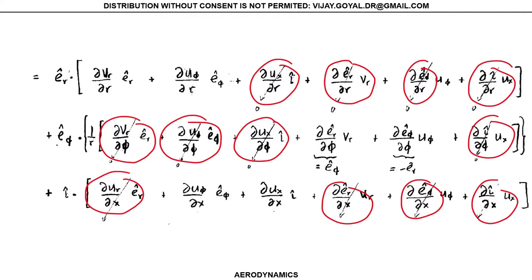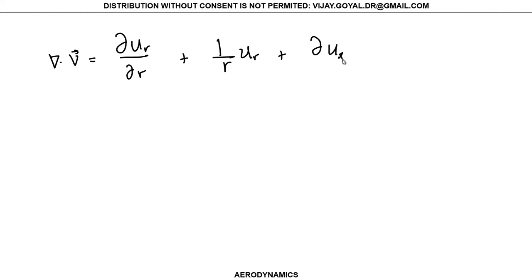So at the end of the day, the only thing that you're going to end up with, and I think we showed this in class, is 1 over R partial of R times UR plus partial of U of X over partial of X. That's the only thing that's going to end up in this particular problem.